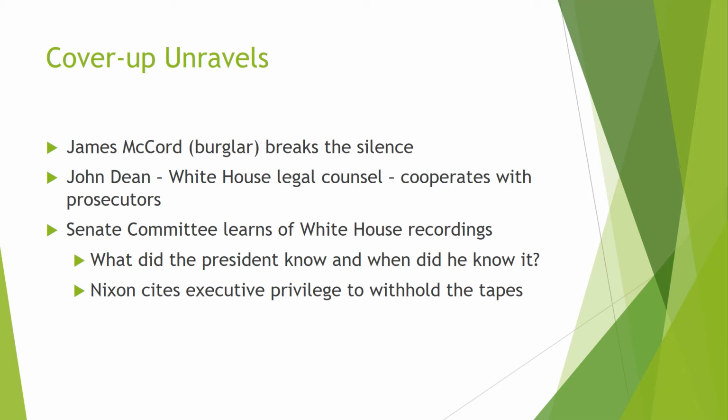And about the same time, John Dean, who was Nixon's legal counsel, gets fired because he begins to cooperate with the prosecutors and the investigations that are created to find out how involved the president or the White House was. And so John Dean is the one who testifies that there had been a White House orchestrated cover-up approved by President Nixon.